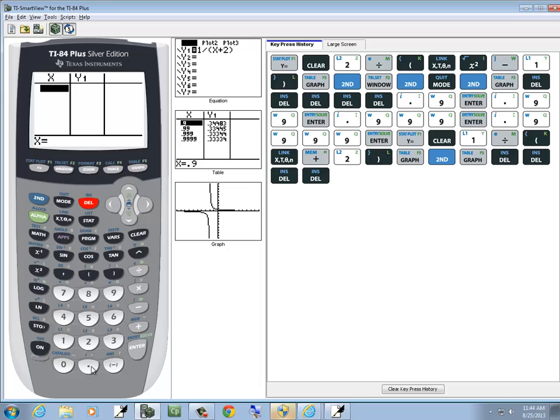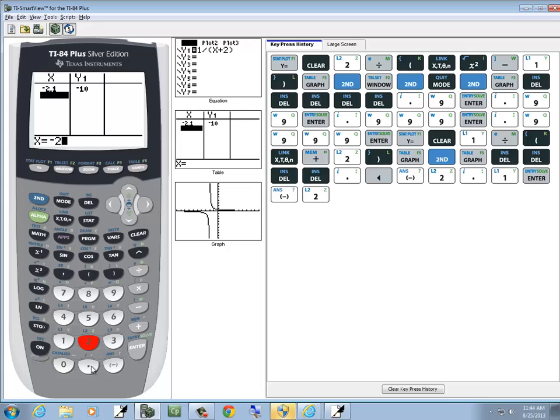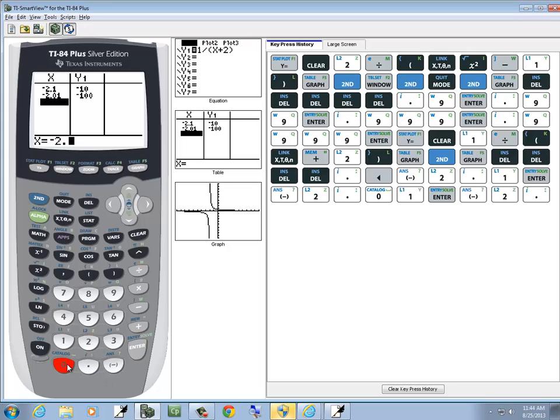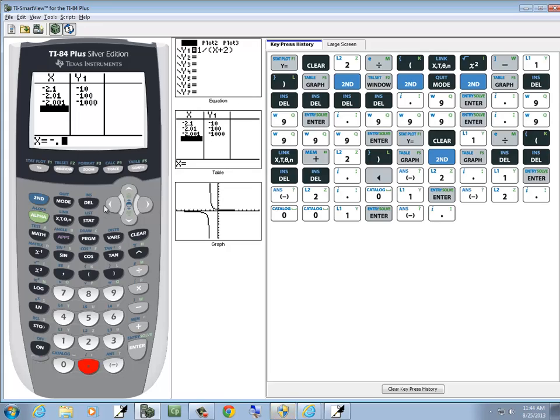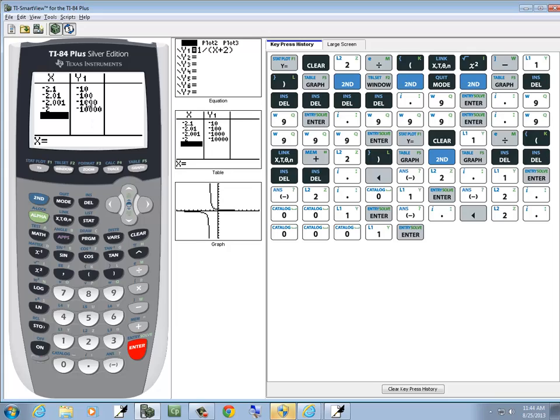So negative 2.1, negative 2.01, negative 2.001, and one more, negative 2.0001. And you see it's going to negative infinity.